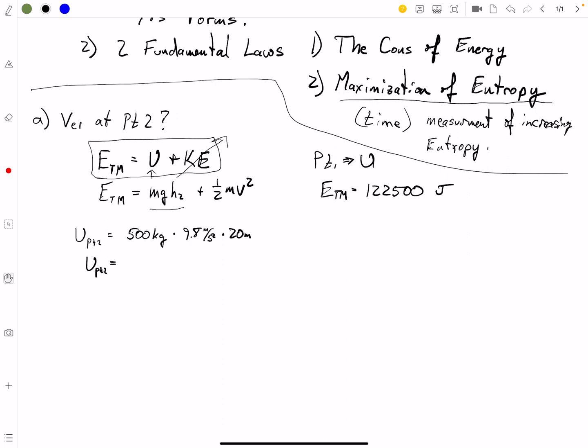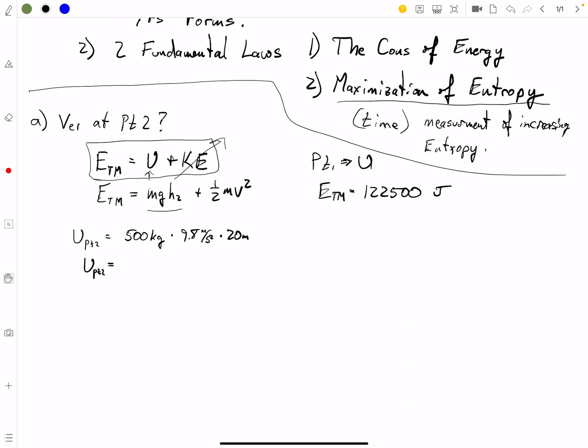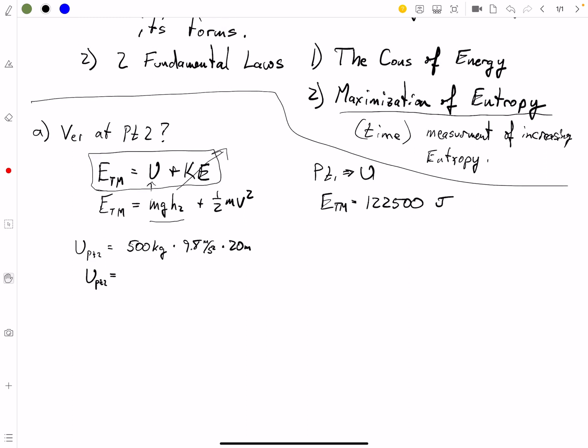Okay. So 9.8, enter, 20 times 500 is 98,000. 98,000 joules.